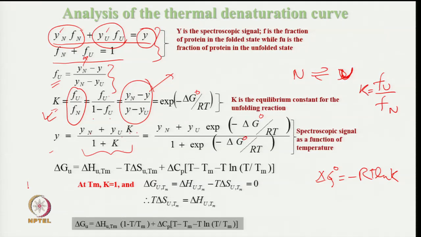So, remember what the denaturation profile is. We are looking at y versus T, and we are getting this kind of curve. Am I right? And so, if I fit this, then I can get the value of delta G.